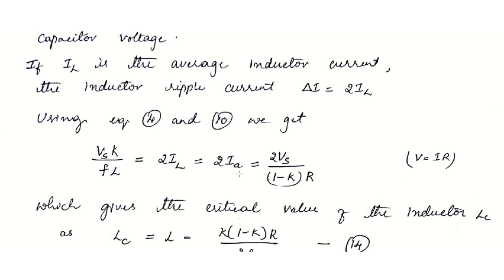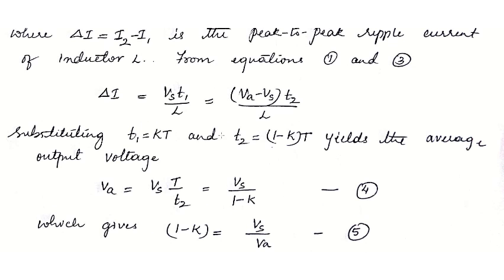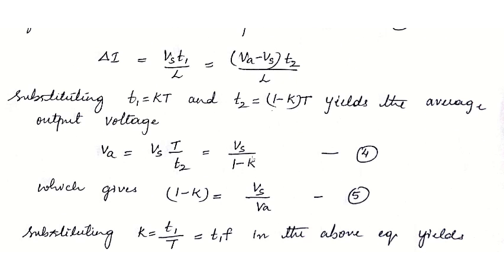We will write it in terms of VA. So VA is equal to 2 into VS by (1 minus K) by R, wherein I hope you are able to relate that to equation number 4.